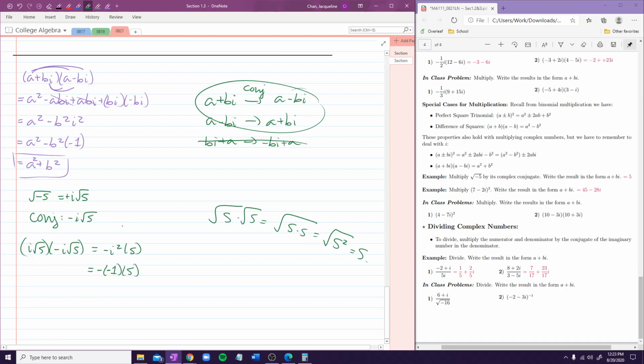Okay, if you're wondering why I didn't do negative i squared, this is not the same as saying this. Okay, the squared is attached to the i, but over here on the left, the squared is attached to the negative i, when there's parentheses. Okay, so negative 1 times negative 1 times 5, that is positive 5. Right, and that's what you get when you multiply the square root of negative 5 by its complex conjugate.